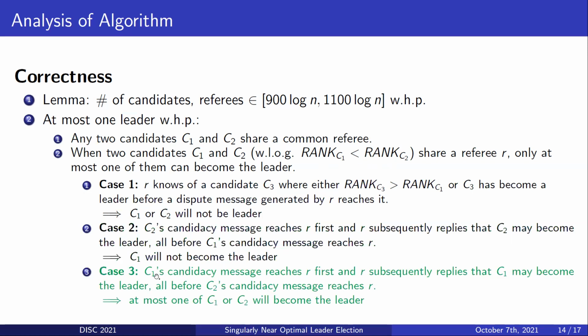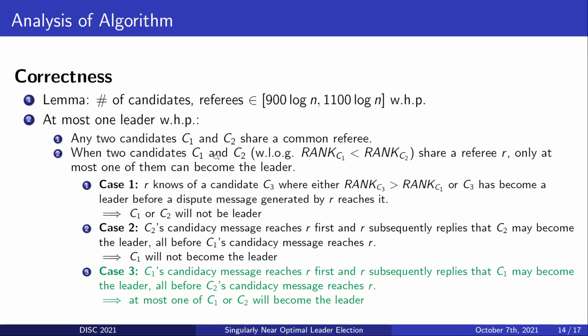On the other hand, suppose C1's message reached R first, and R said, yeah, sure, you be the leader. And subsequently, C2's candidacy message reaches R. Well, then a dispute is generated. And once a dispute between C1 and C2 is generated, that'll ensure that one of these two will not become the leader. So in all of these three cases, at most one of them might become the leader.